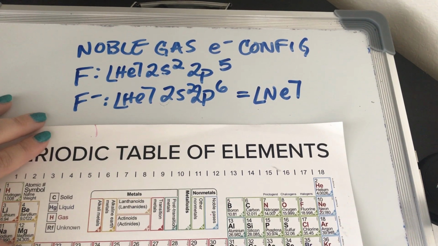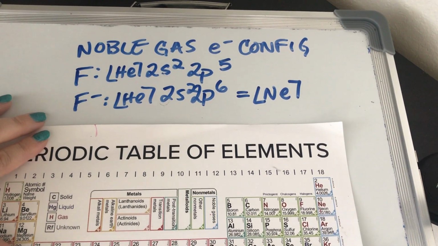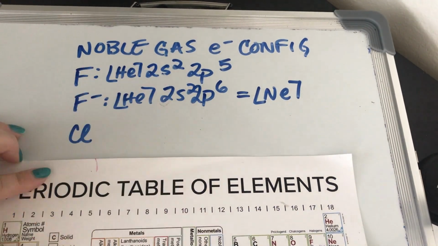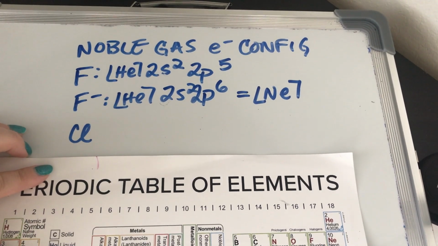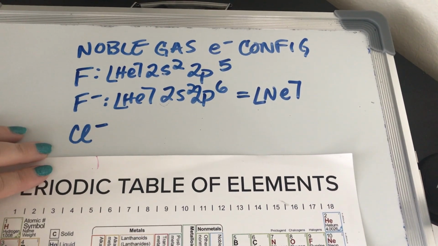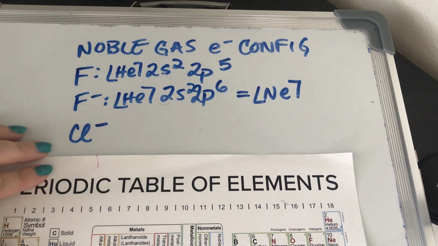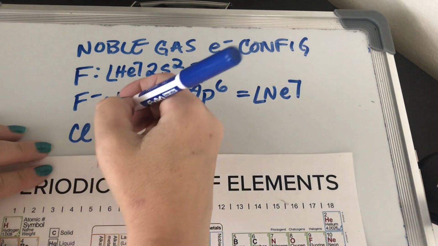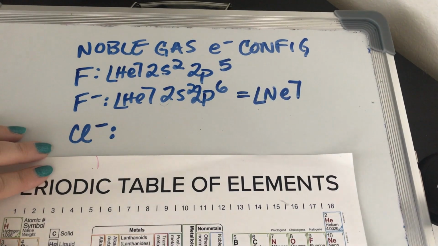So, fluorine forms an ion with a -1 charge, right? How about chlorine? What do you think? Same, absolutely. It has the same number of valence electrons, so it will gain the same number of electrons to form an anion. And what would its noble gas configuration be?